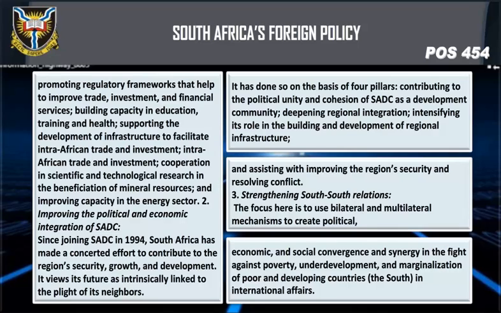Strengthening South-South relations. The focus here is to use bilateral and multilateral mechanisms to create political, economic and social convergence and synergy in the fight against poverty, underdevelopment and marginalization of poor and developing countries, the South, in international affairs.